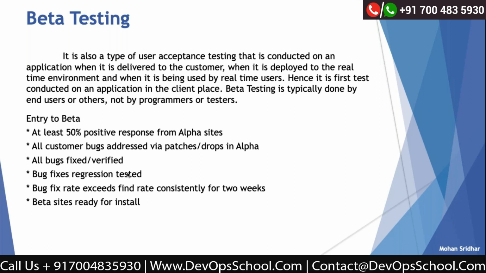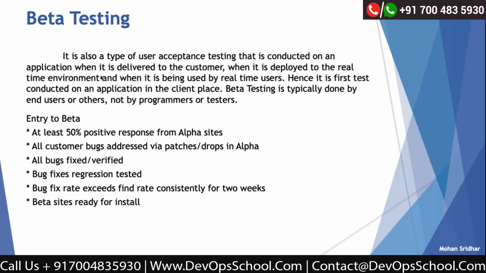We will do only minimal, not all the test case executions. Usually beta testing will be performed by users, but the testing team is also involved to make sure the existing functionality also works in this environment.